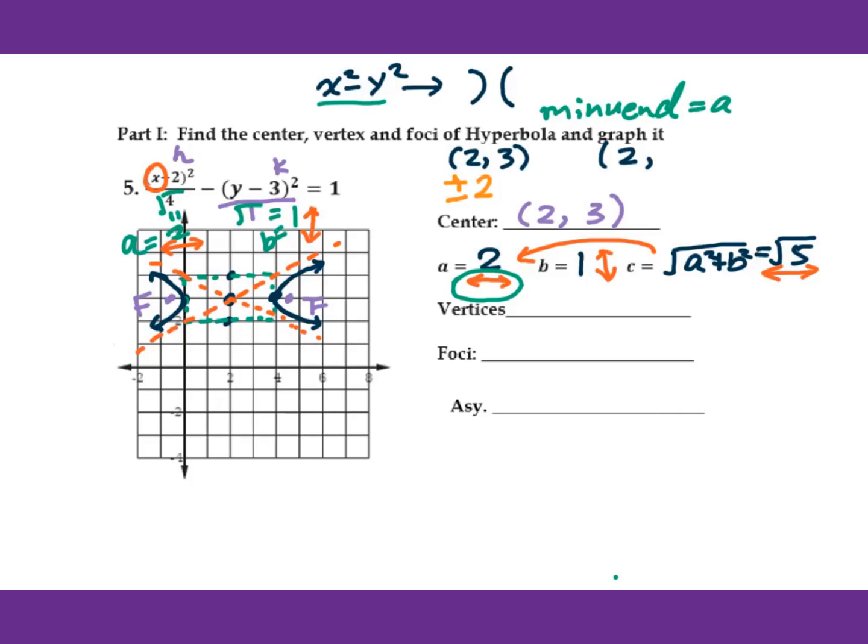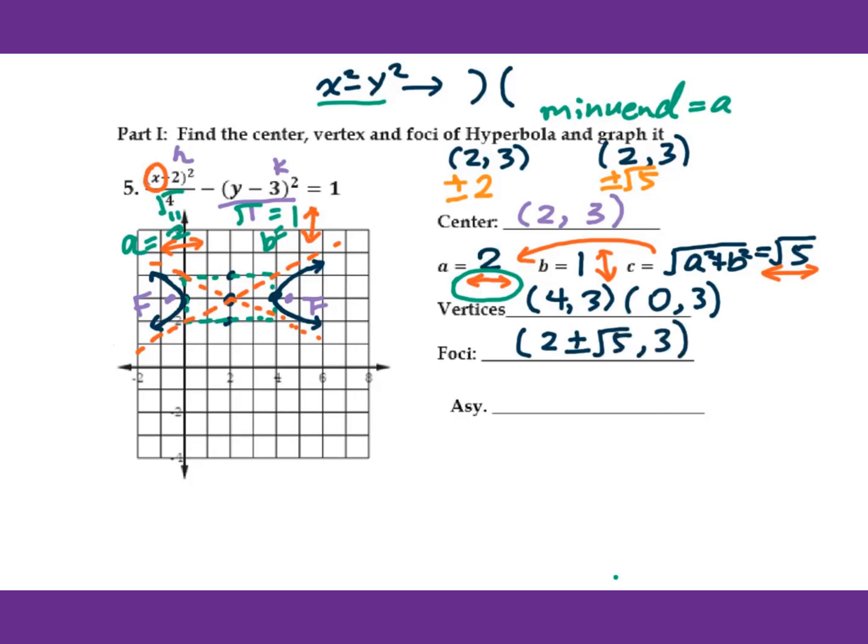For foci, still you need to add or subtract to x coordinate. So vertices, you got the 4, 3, and 2 minus 2 is 0, 3. For foci, that will be 2 plus or minus square root of 5, 3.